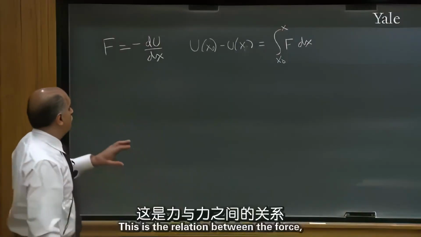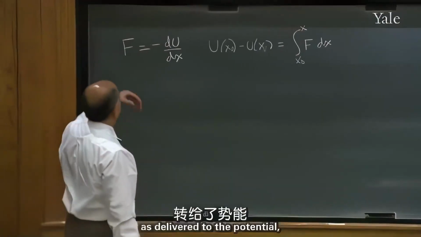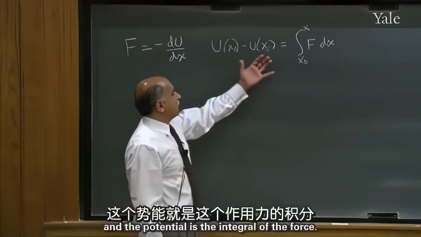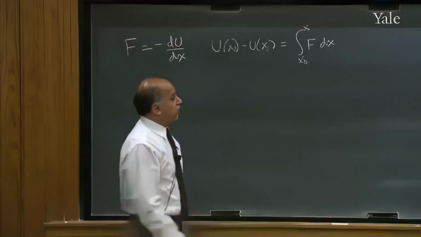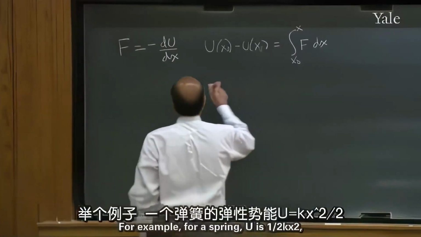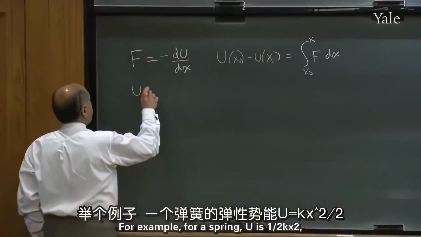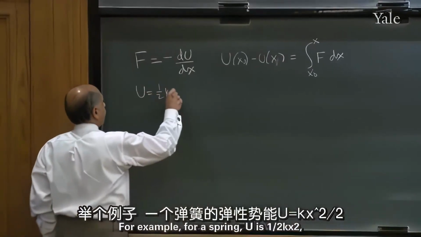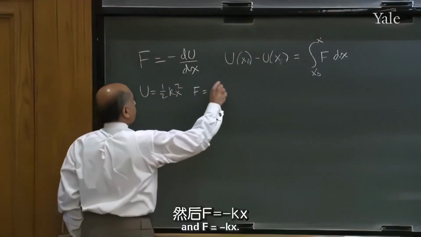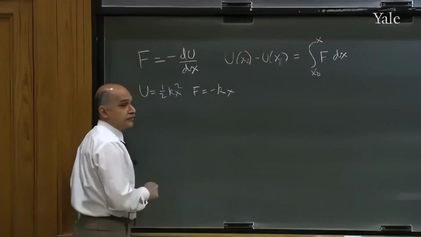This is the relation between the force as the derivative of the potential, and the potential is the integral of the force. For example, for a spring, U is 1/2 kx squared, and F is equal to minus kx.